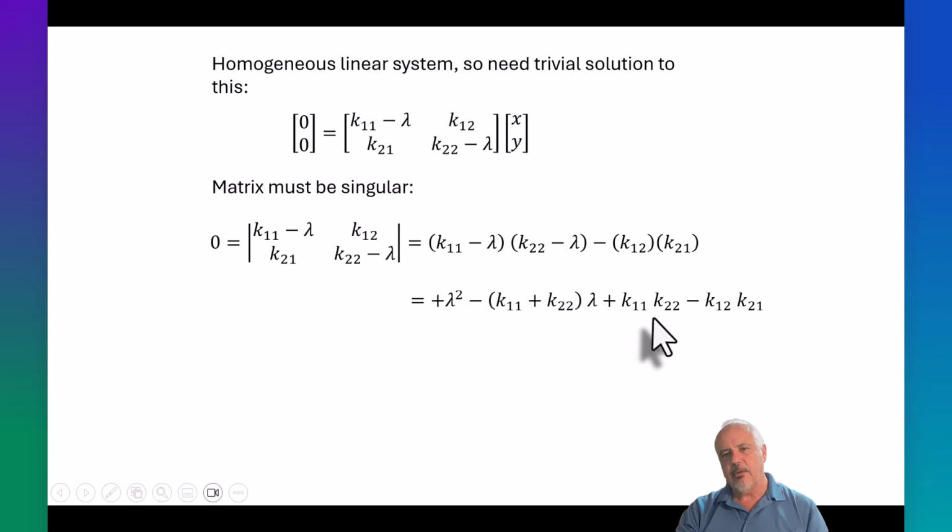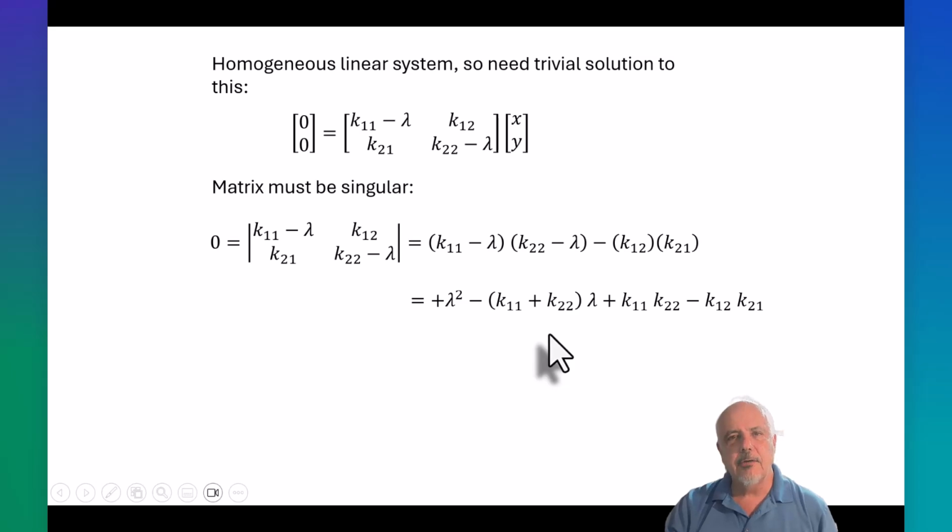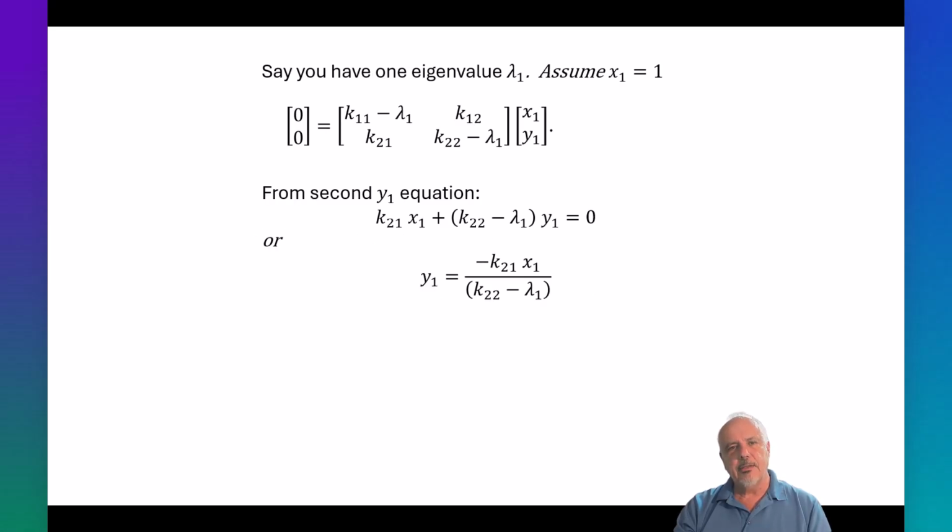And then I'm going to have K11 K22 minus K12 times K21. So this is the determinant of the stiffness matrix. So it's pretty straightforward to calculate the coefficients of this polynomial, and you could, quite frankly, easily numerically get the lambda 1, lambda 2. So I think you can do that.